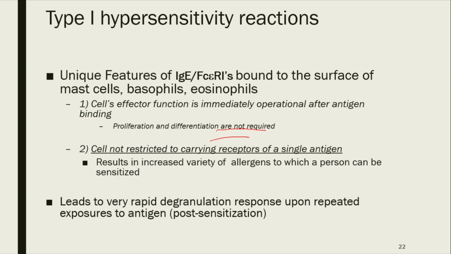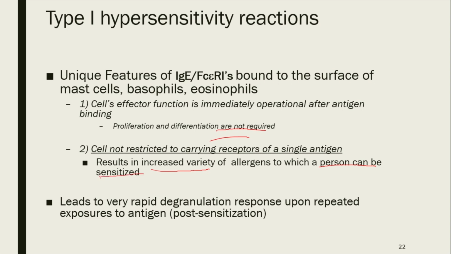These cells do not need to do all this proliferation and differentiation. And these cells are also not restricted to a single antigen specificity, so they can carry multiple IgEs targeting different types of allergens, essentially. So they can react to multiple different allergens, which increases the variety of antigen sensitivities, so that person can be sensitized.